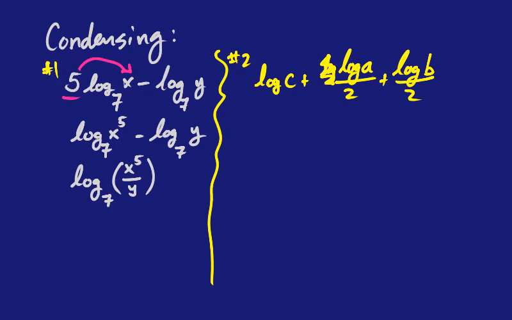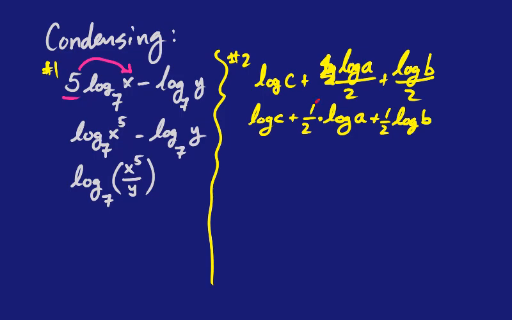The reason this problem is interesting to me is because you have to deal with this divided by 2, and you have to think of it in terms of multiplying by 1/2. What's the same thing as dividing by 2? Multiplying by 1/2 is the same. So plus 1/2 log base b.